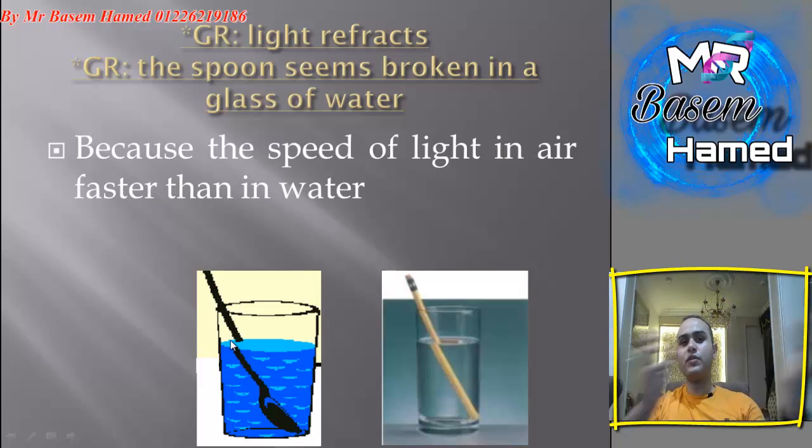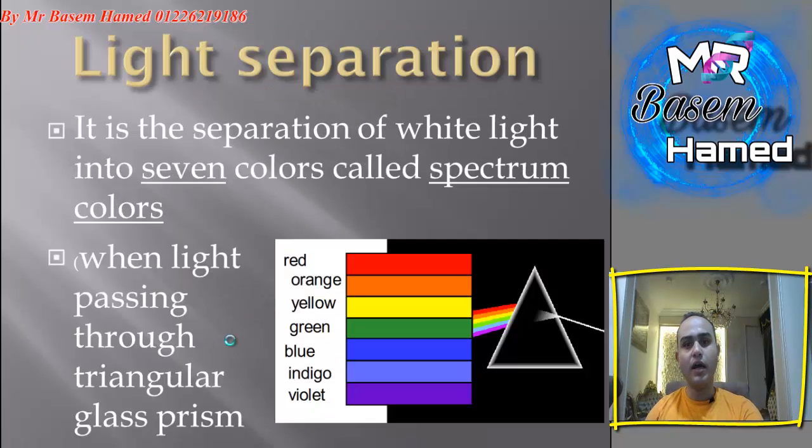So the light speed is different in these two transparent media, and since the speed of light in the air is faster than in water, the light is refracted, or changes its direction, here.